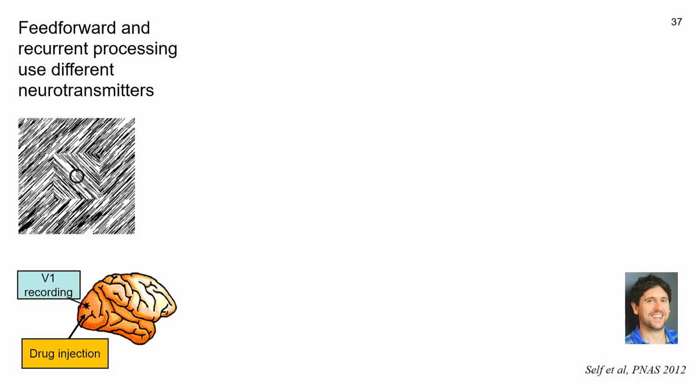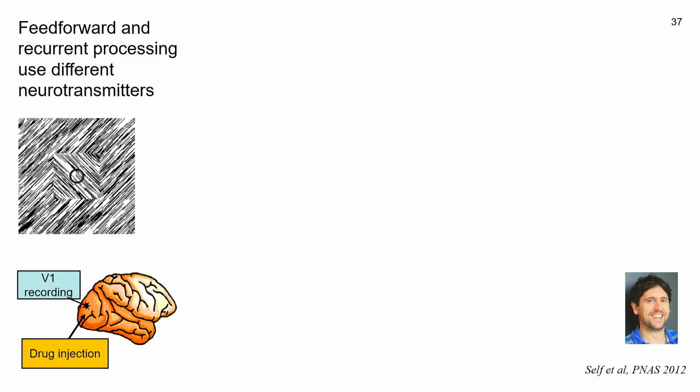Maybe it just happens to be the case that these recurrent interactions enable perceptual organization and hence give you the conscious experience. But there could also be more fundamental reasons. One of them being that recurrent interactions and feed-forward interactions actually use different neurotransmitter systems.